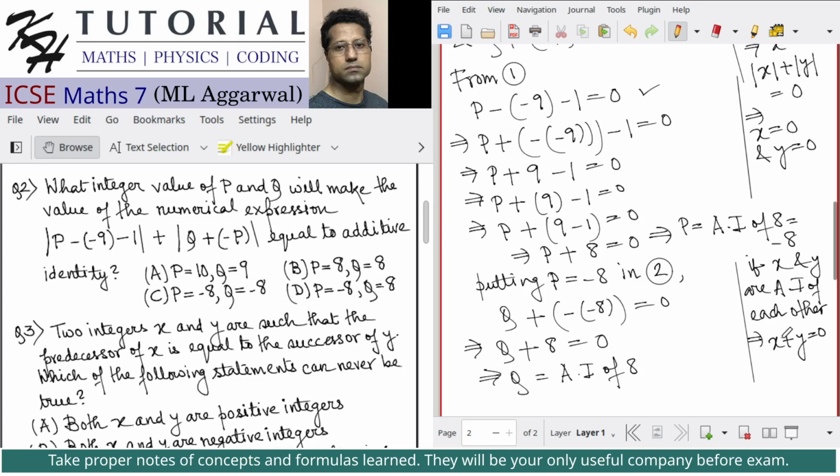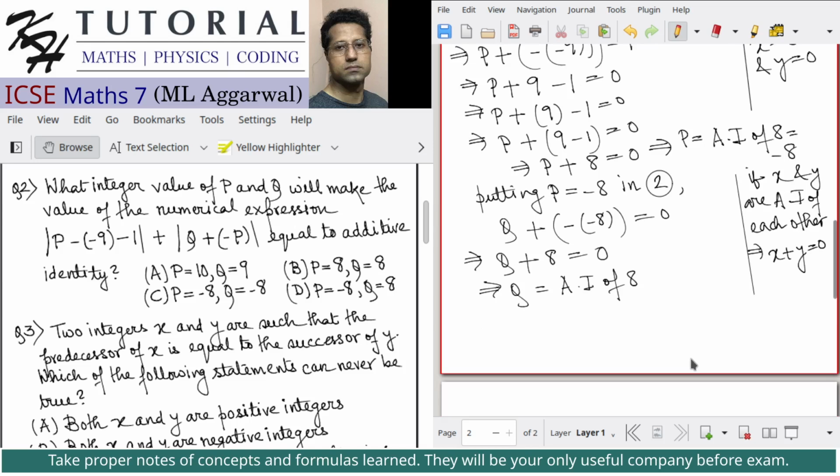And the converse is also true. If for two integers x and y, we have x plus y is equal to 0, this will mean that x and y are additive inverse of each other. So we have Q is equal to additive inverse of 8, and additive inverse of 8 is minus 8.